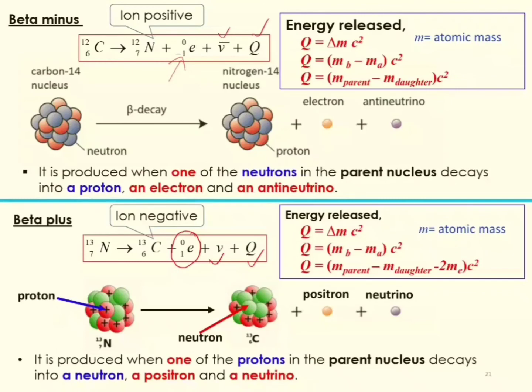The energy released Q equals delta M c squared, where delta M is the mass difference, M_B minus M_A. M_B is the mass of the parent, nitrogen, and M_A is the mass of the daughter, carbon. Also, there is the 2 m_e term, times c squared. It is produced when one of the protons in the parent nucleus decays into a neutron, a positron and a neutrino.